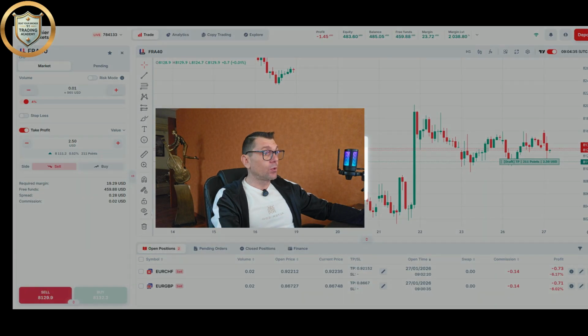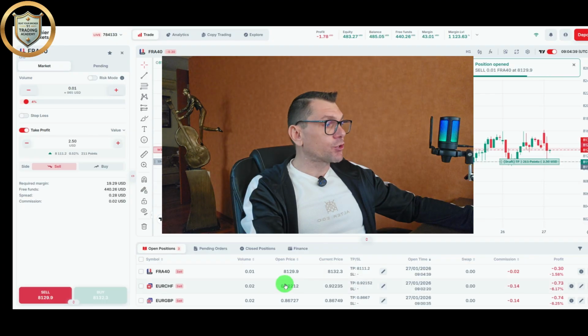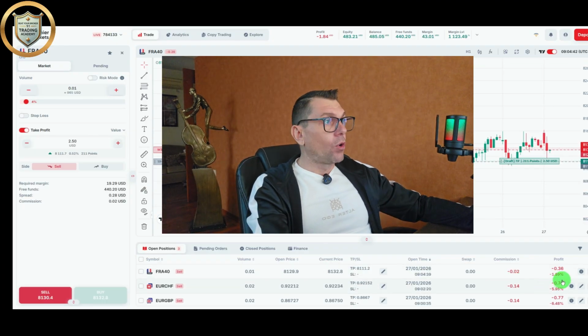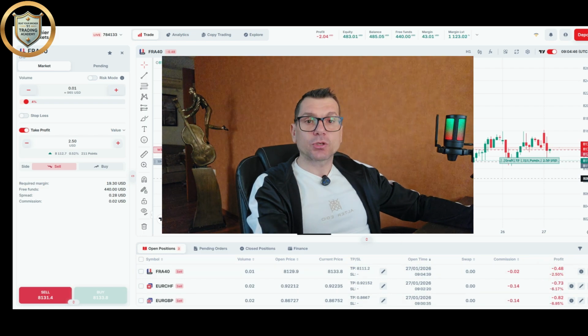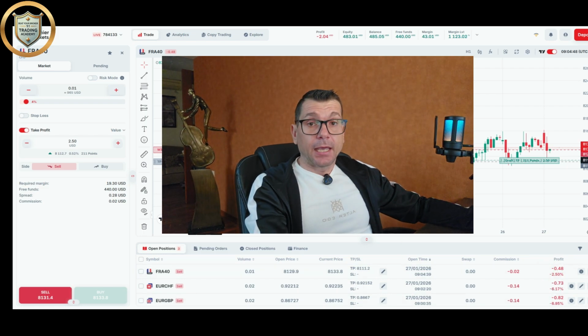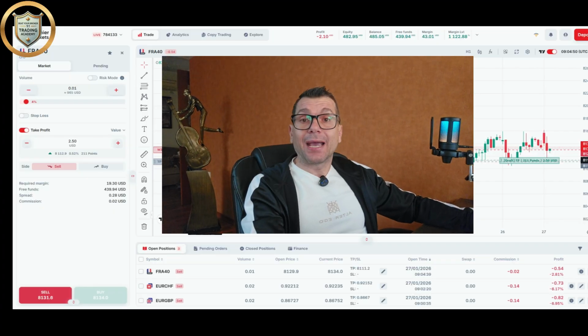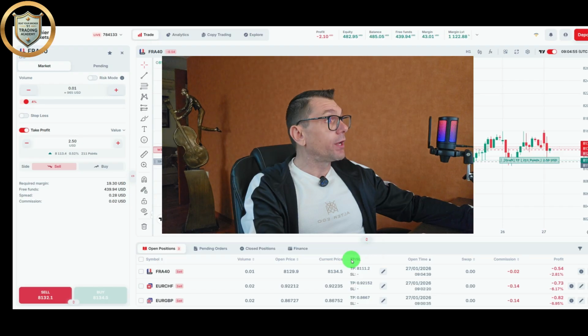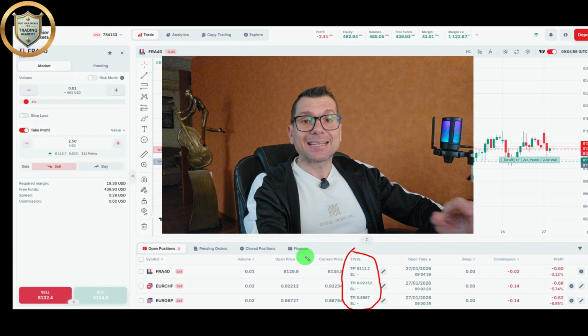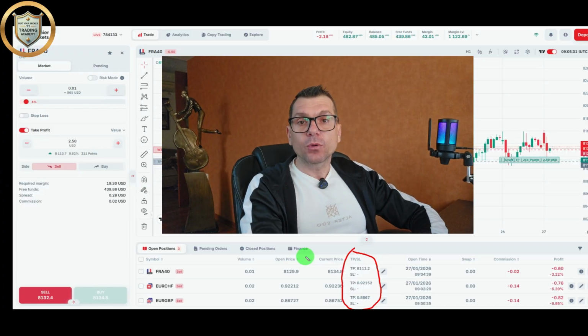Now, we're going to confirm that. So now you have three trades that are running. All these three trades are open here, and they are set to close automatically. You don't need to do anything now, because all of them have their take profits and they know where to stop. Once these trades hit that take profit price, they're going to close automatically.